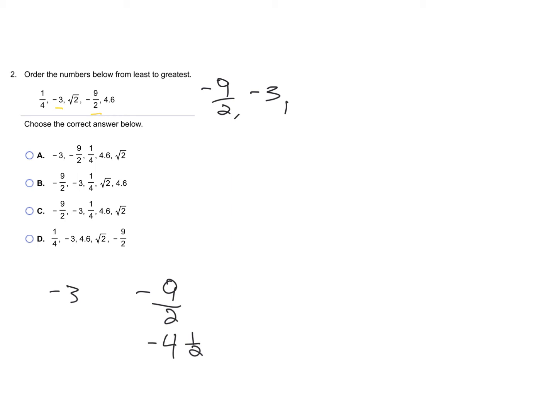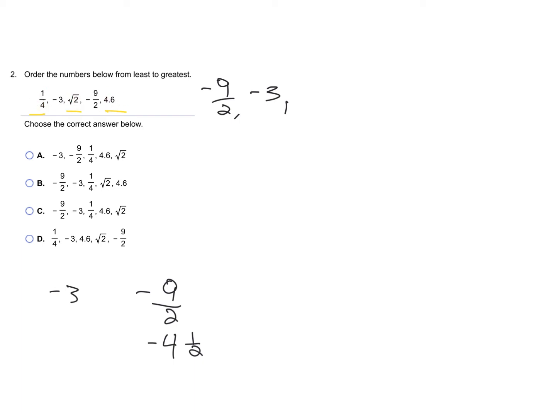Okay. What's left? Well, we have this positive number and this positive number left. We know that 1/4 is less than 1, right? And 4.6 is obviously much greater than that. So we know that one's going to be bigger.